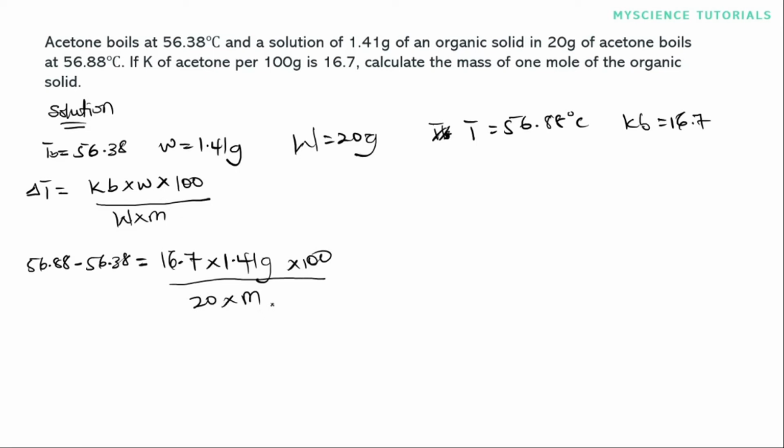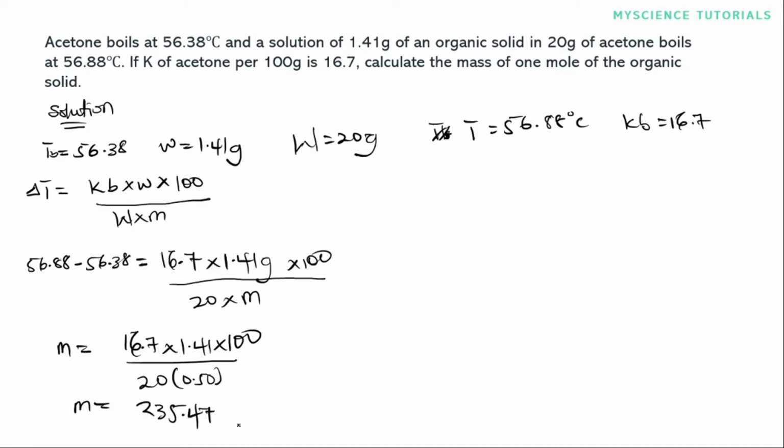Alright, so if we make m the subject over here, we get 16.7 multiplied by 1.41 multiplied by 100, divided by 20 multiplied by 0.50. That is, if we subtract this from this, we get 0.50. So our molar mass is equal to 235.47 gram per mole.